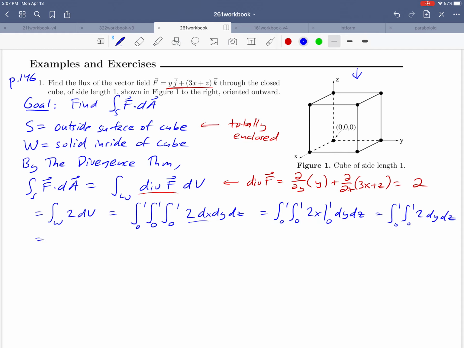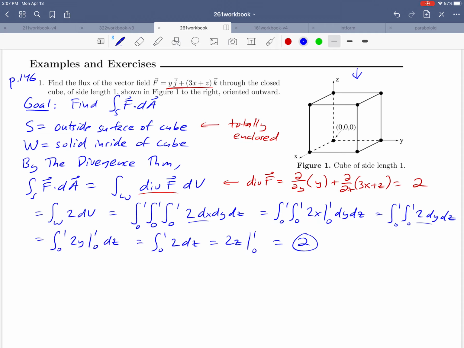Then you play the same game over again, integrate 2 with respect to y, and you'd get 2y, evaluated between 1 and 0. But that's going to become a 2, and so we're just integrating 2 with respect to z, which gives us 2z from 1 to 0. After all that, we come down with an answer of 2. That's our flow through this cube.